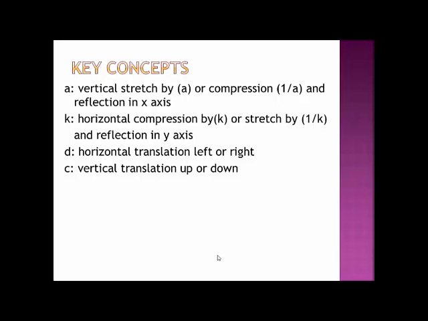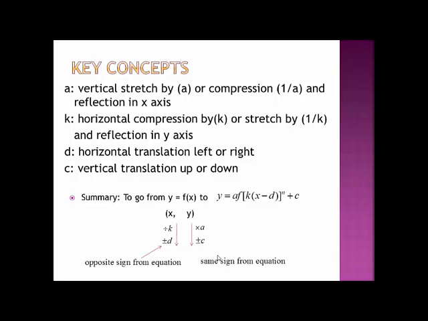Remember, it switches signs. And the C is the vertical translation up or down. And what we can do is apply those changes to key points from our parent function to get the new points of our transformed function.